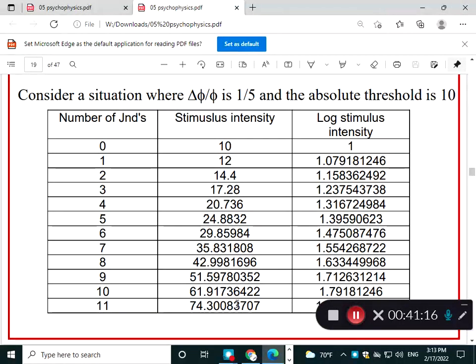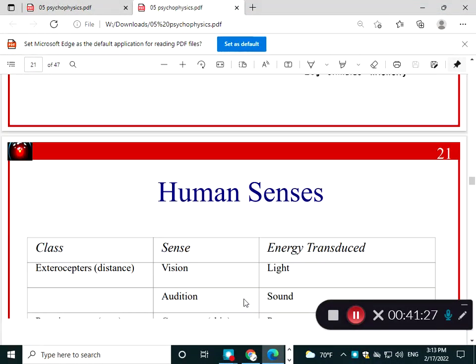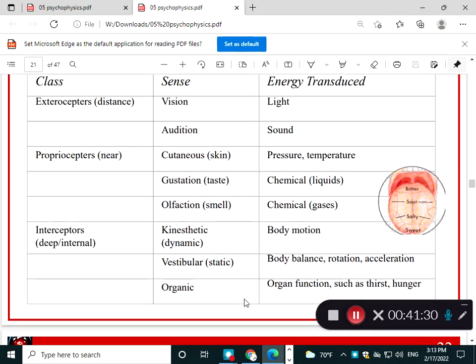So he used decibels, so he used log 10. And for psychophysics, we don't use log 10 base, we use natural log base.